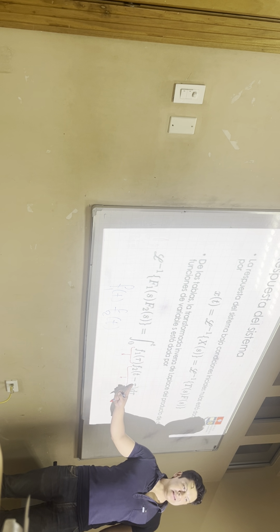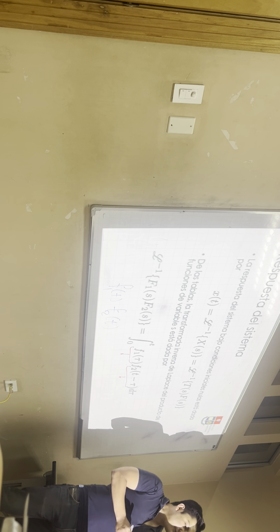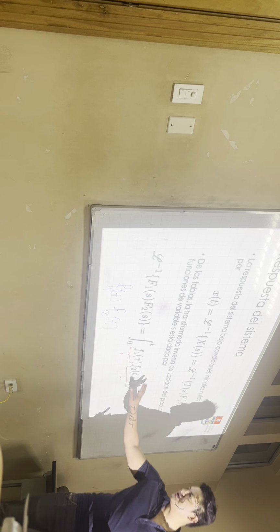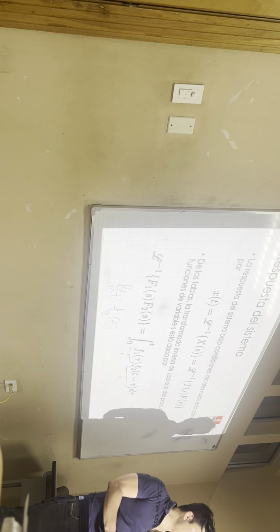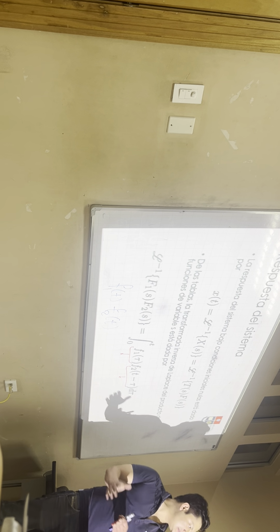However, there's a difference. You don't express directly the function of time for the two. You express them with this variable, and this variable produces a shift, a difference in time, or a delay. You can see here, this is a function of time minus some time. So if you're analyzing what happened at the time t, this function tells you what happened at the time t minus this tau. This is a delay.